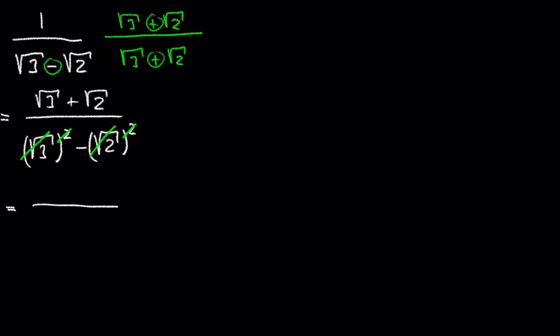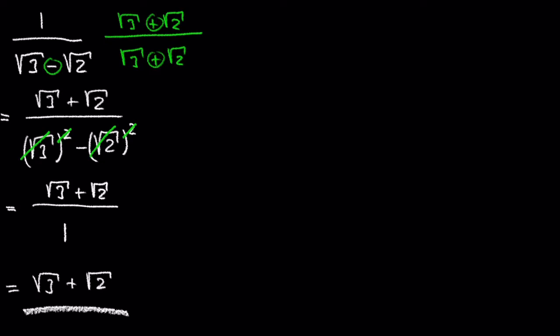So we get 3 minus 2, which is 1. We keep the numerator, and after that we divide the numerator by 1, which gives us the square root of 3 plus the square root of 2. And we are done with this problem.